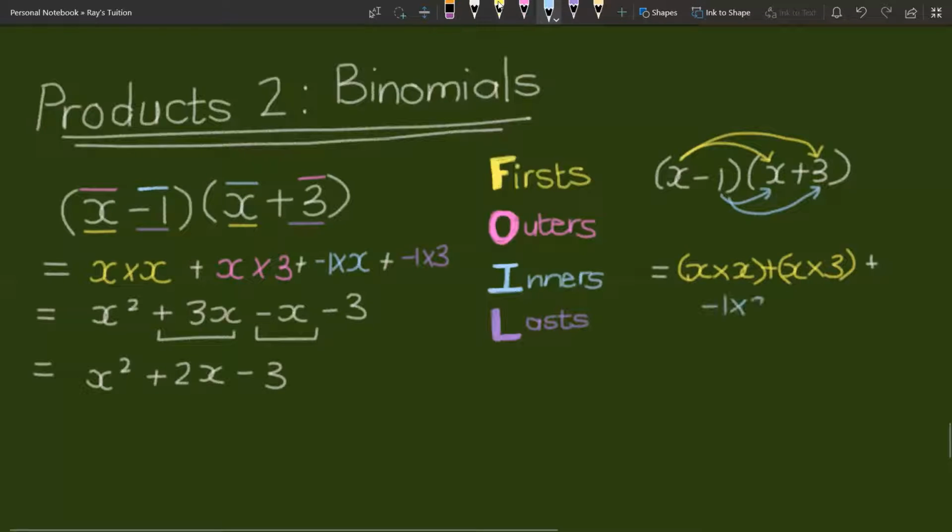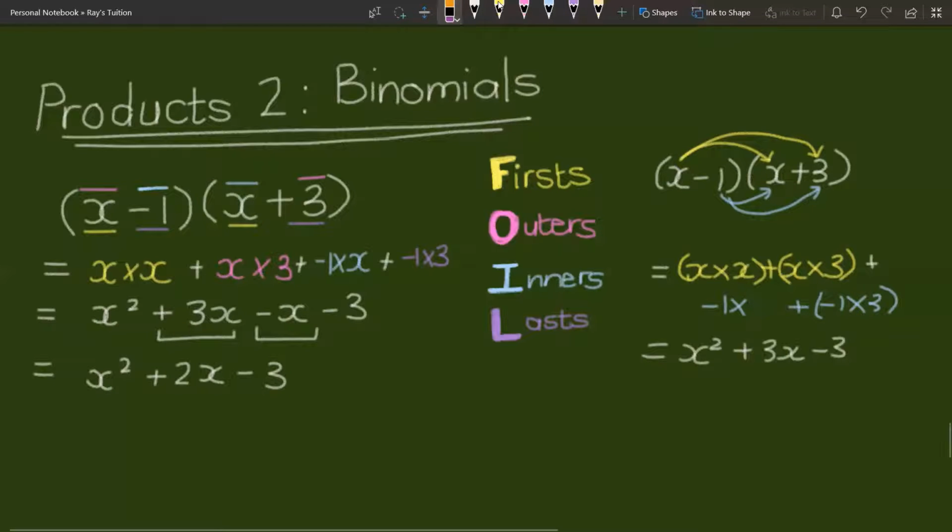So it's -1 times x plus -1 times 3. So then let us simplify. This here becomes x times x is x squared, x times 3 is 3x, -1 times 3 is -3, and, sorry, this one here should be x.